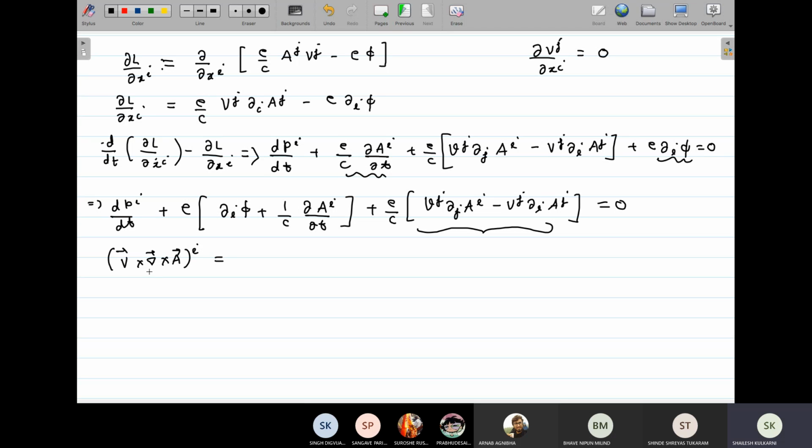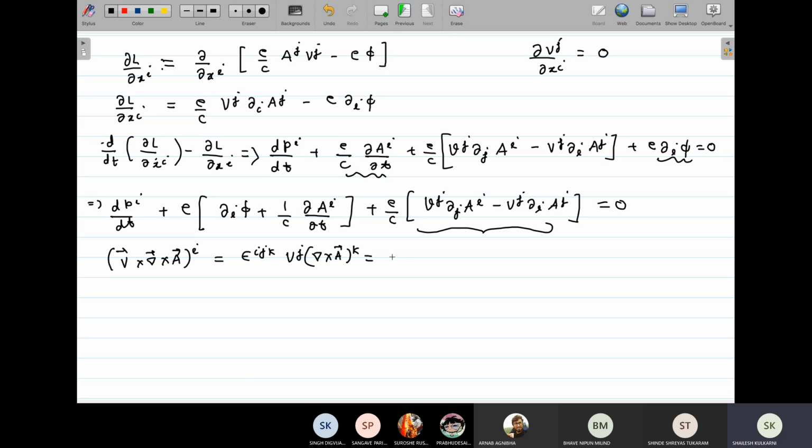So I am talking about the ith component of this expression. The ith component of this expression I can write as epsilon_ijk v_j (del cross A) its kth component.